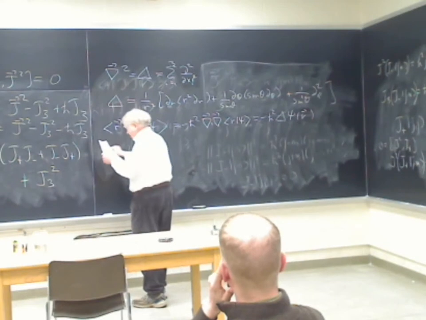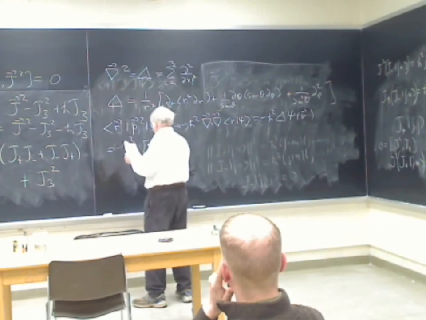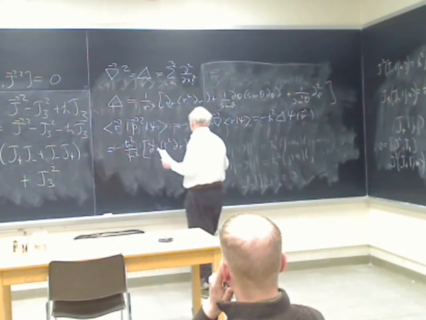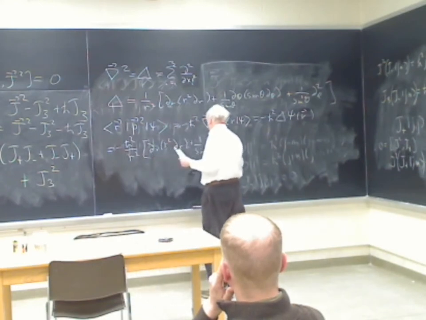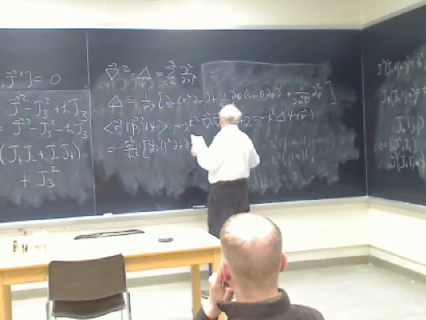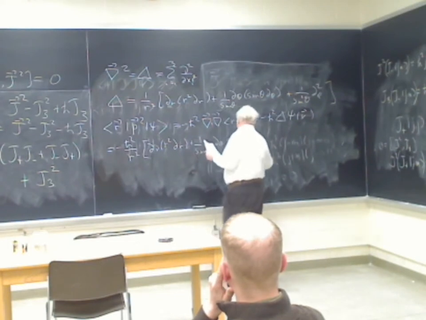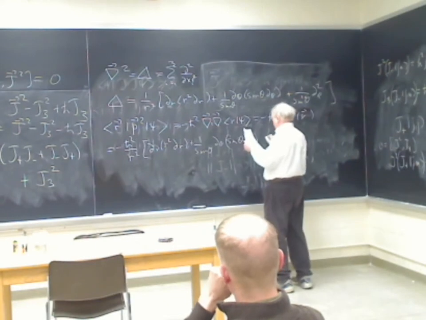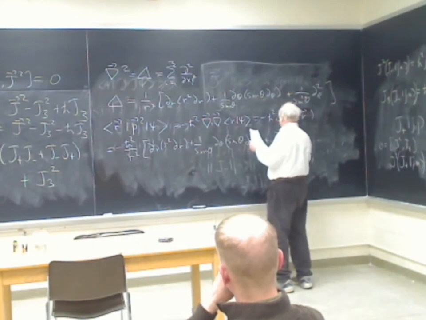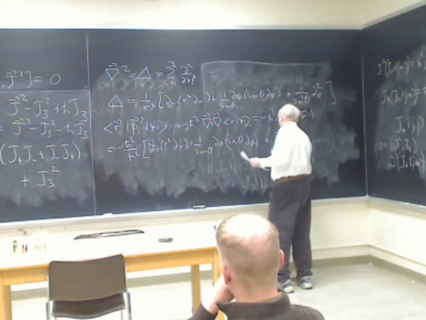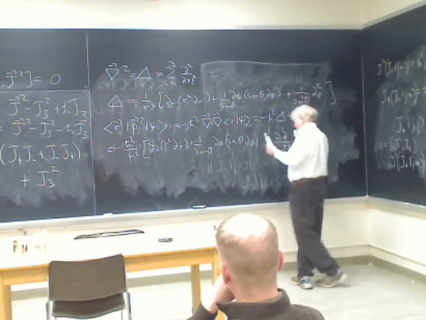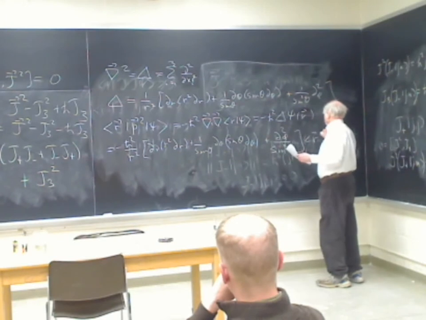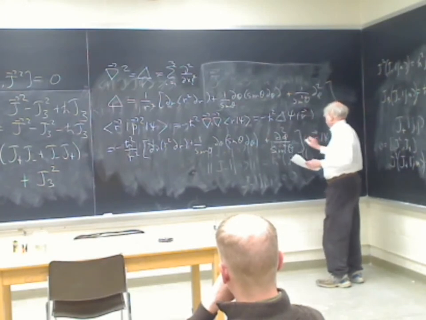However you write it, in spherical coordinates it's minus h bar squared over r squared, and then this huge expression here, d by dr, r squared d by dr, plus 1 over sine theta, d by d theta, sine theta, d by d theta, plus d by d phi squared over sine squared theta, acting on r psi.